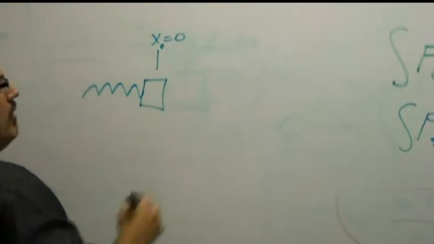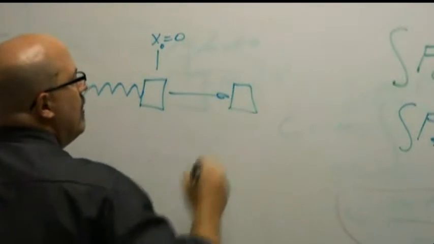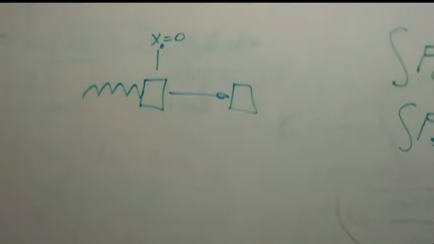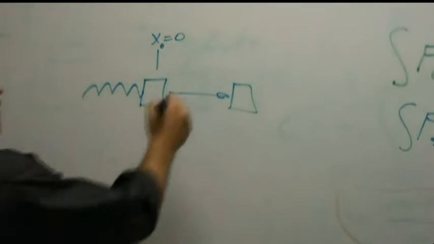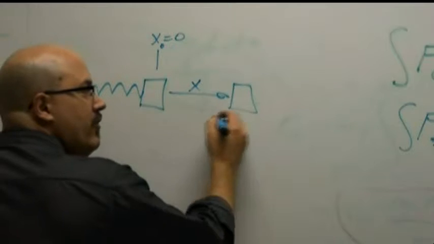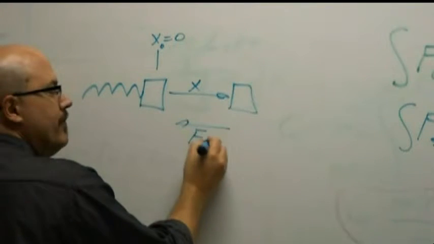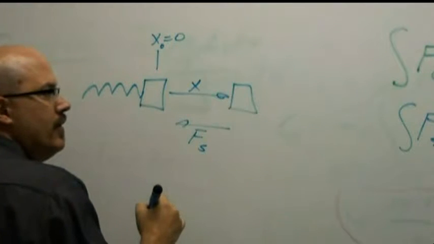That's our equilibrium position. Let's say that the spring is moved out to here, or the object's moved out to here. Okay? All right, the displacement is positive.